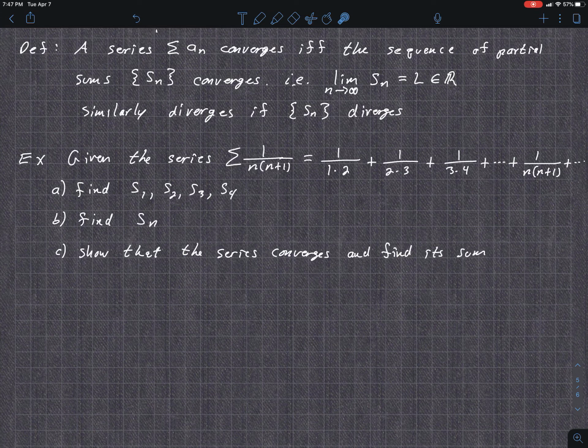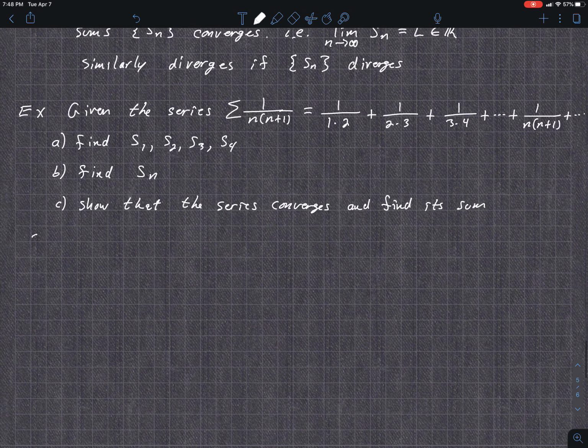And again, little disclaimer, finding the actual sum is only done for a few special cases. Most of the time, we're really only looking at whether a series converges or diverges. So the actual sum is more rare, to see what the actual sum adds up to, if it converges, that is. Because remember, these are infinite sums, is what we're interested in.